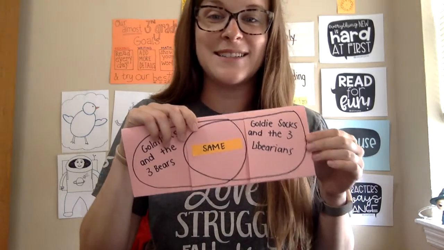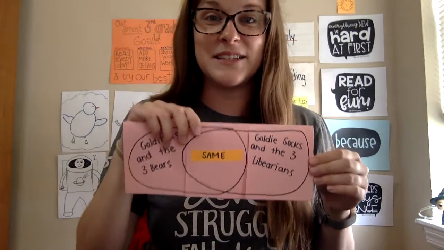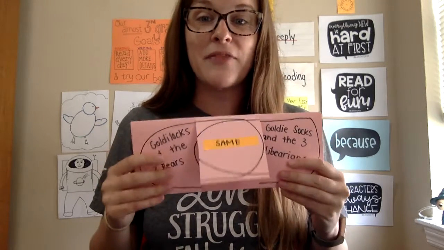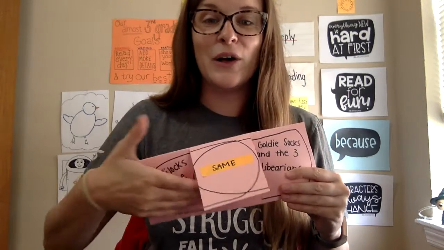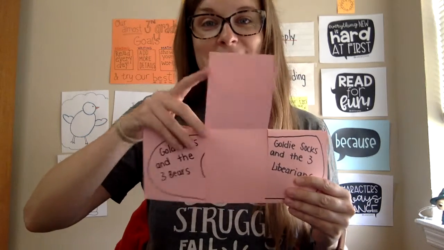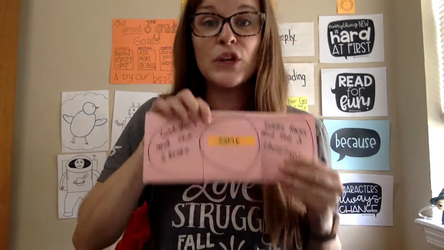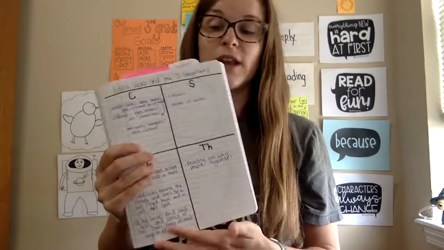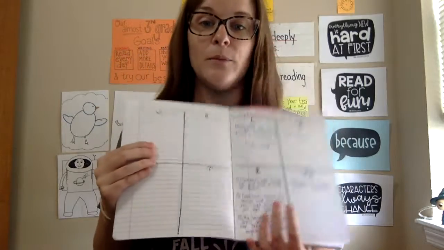Everything about Goldilocks and the 3 Librarians that makes it different and special, I'll write under here. And then finally, everything about them that was similar or the same, I'll write in the middle underneath the flap that says same. You will use your Venn diagram and both of the graphic organizers that you should have in your notebook to help you.